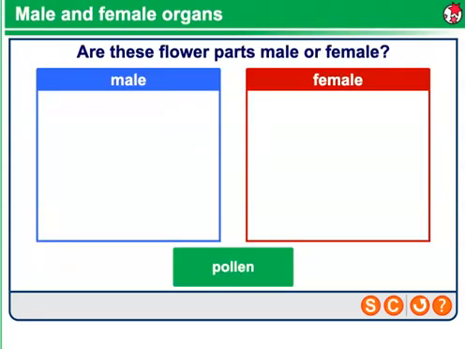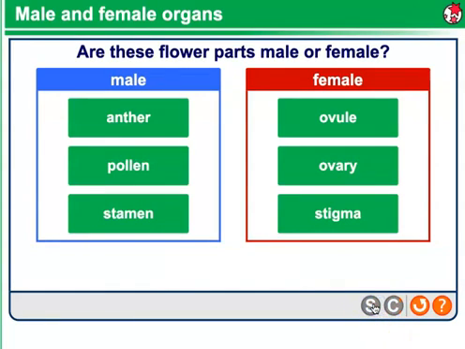So, thinking about these parts of the flower, what are the male and what are the female organs? The male portions are the anther, the pollen, and the stamen, whereas the female portions are the ovule, the ovary, and the stigma.